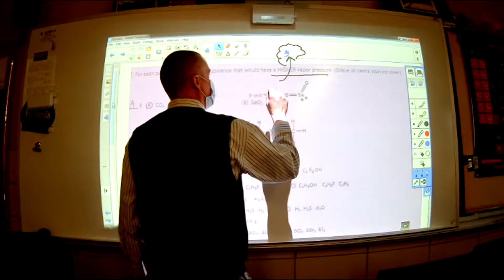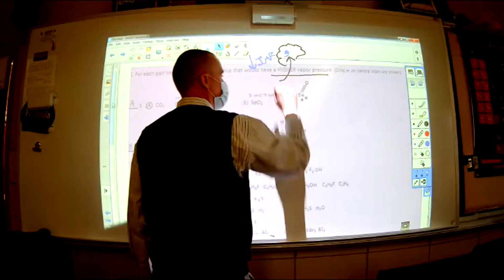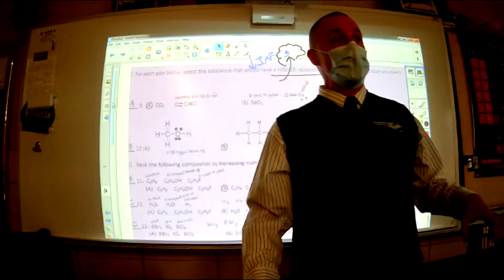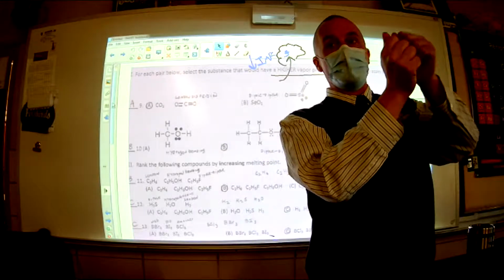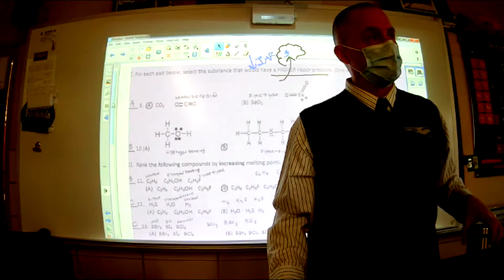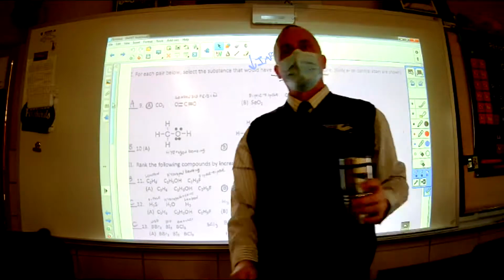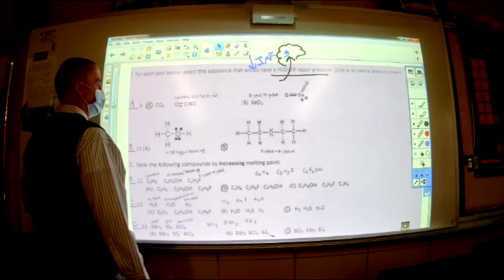The answer is we are looking for the lower IMF. Strong IMFs will keep you together as a liquid. Low IMFs, those liquid molecules can go to gas easily. So we're looking for the lower IMF.